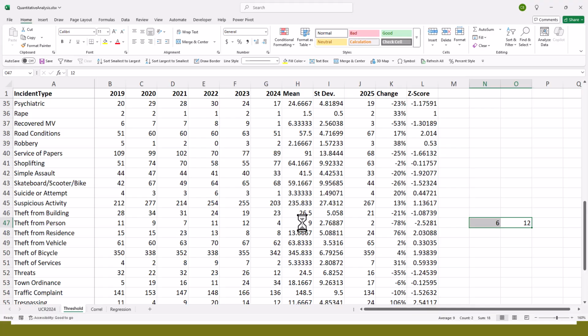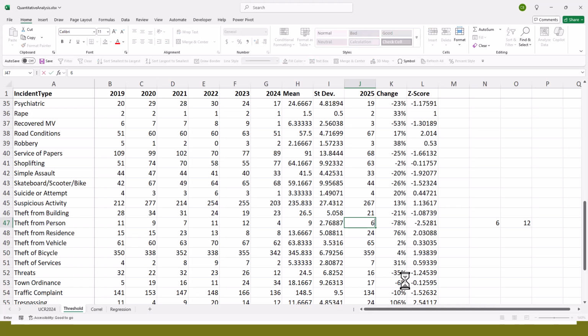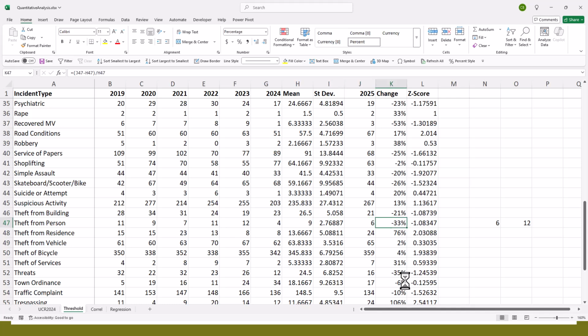So that's a 1 standard deviation window. So if the 2025 figure was 6, the z-score, remember it's not perfect because it's not technically 3, it's 2.76, but the z-score is really close to negative 1. If it was 12, the z-score is really close to positive 1, right?